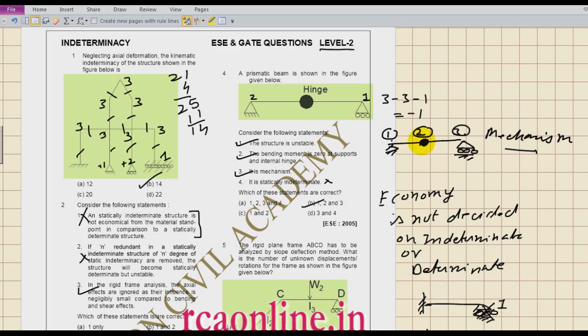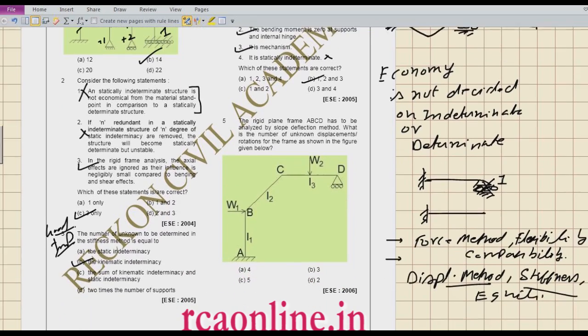If you have these 3 hinges, then it is a mechanism, and a mechanism is always unstable. It will fail like this, linearly. I will discuss this when I discuss plastic analysis. Until then, just remember this and your problem will be solved.